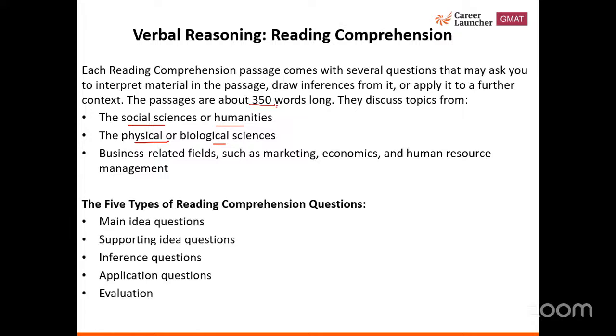Now, there are five question types that we need to prepare for when it comes to passages. You need to know how to solve a main idea question, a supporting idea question, inference, application, and evaluate questions. So it's very important to understand what the important parts of the passage are that we need to read, and what sort of trap answers we are going to find.